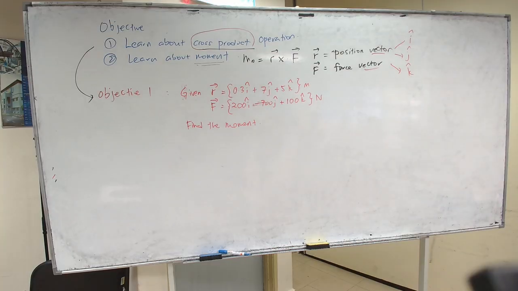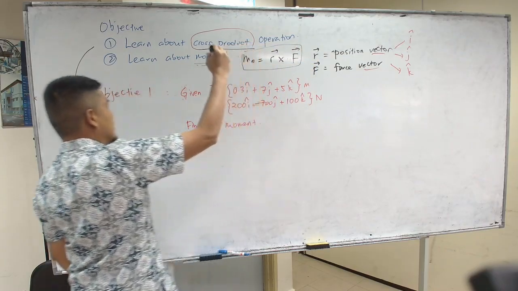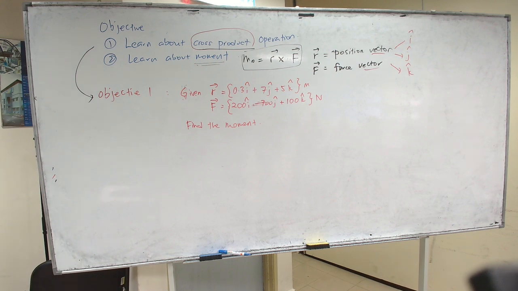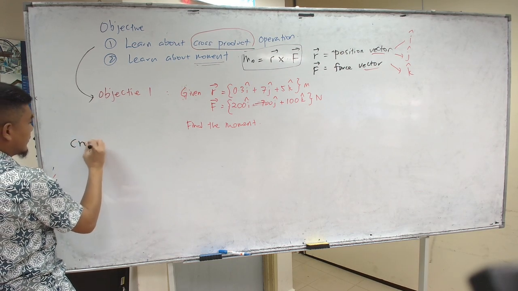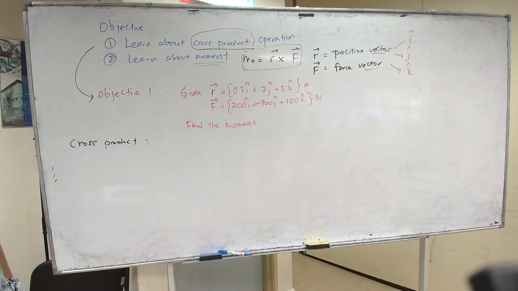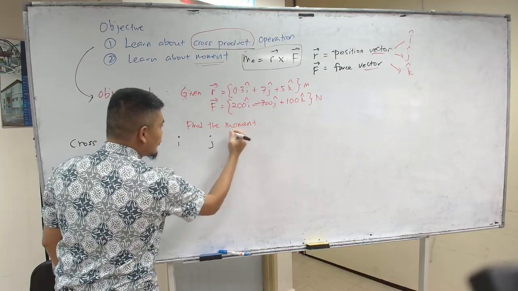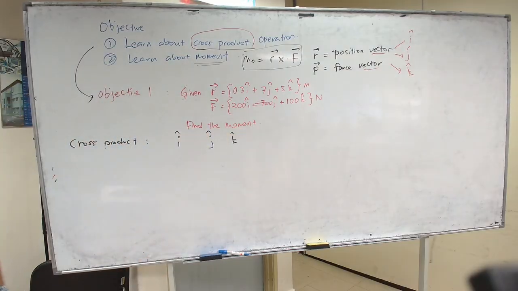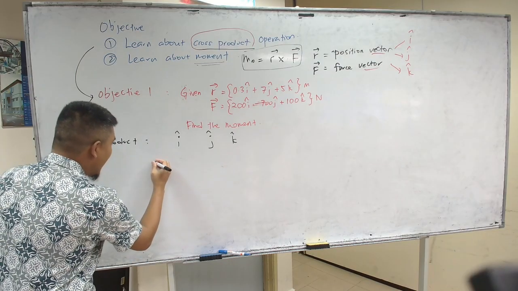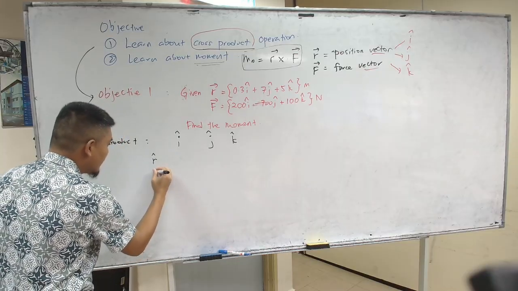So you know that the moment equation is R cross product with F. For the cross product, firstly, you label I, J, and K. You need to develop a table with I, J, and K. So now this is the R row, this is the F row.